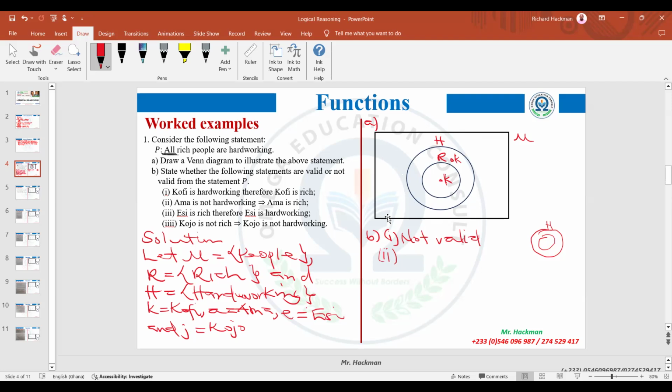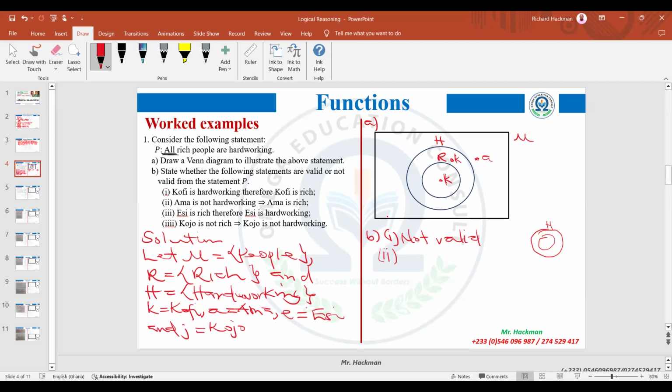So it means there is only one possible region for Ama, unlike the other one, the K, where we had two possible regions. And Ama is represented by which letter? Small a. Remember, I said don't just write A there. You write dots, then A. You can position it anywhere outside. It could be here, it could be here. Once it's outside, it's okay.